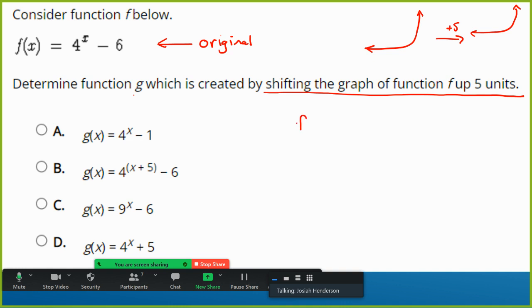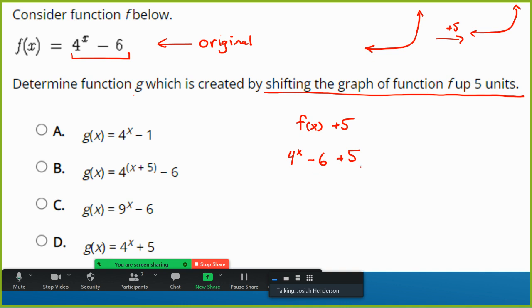Well, take f of x. Up 5 means plus 5 on the outside, like we saw on the last page. And if I substitute in, f of x is 4 to the x minus 6, right? So if I swap that in, we've got some like terms here that can combine.